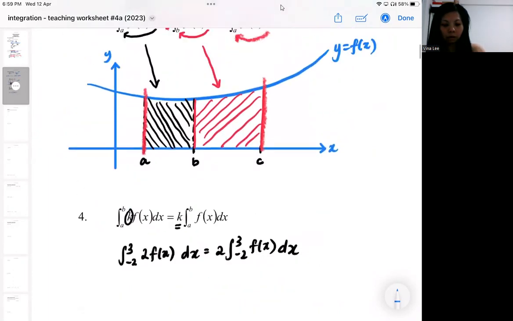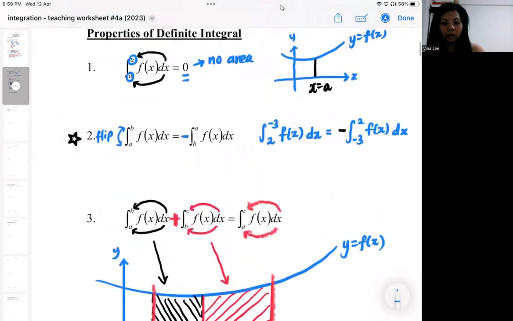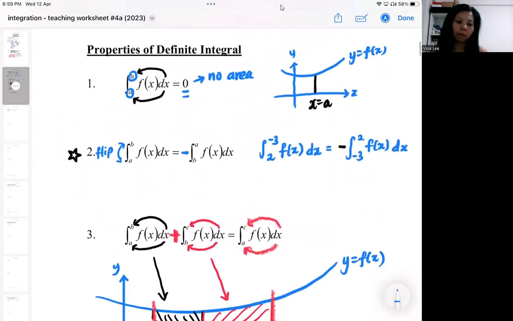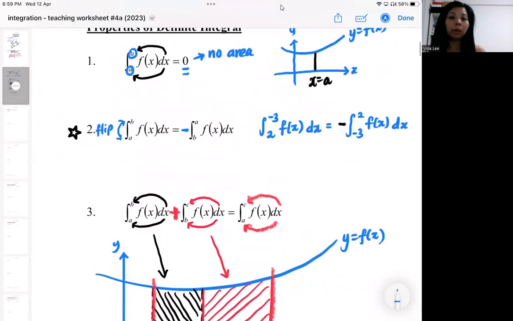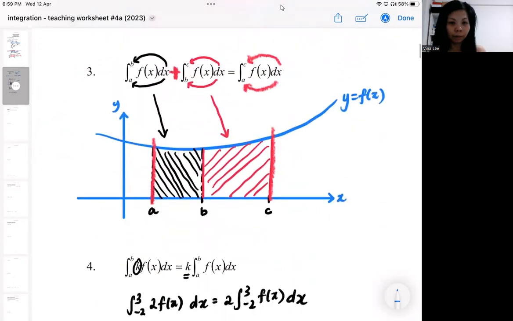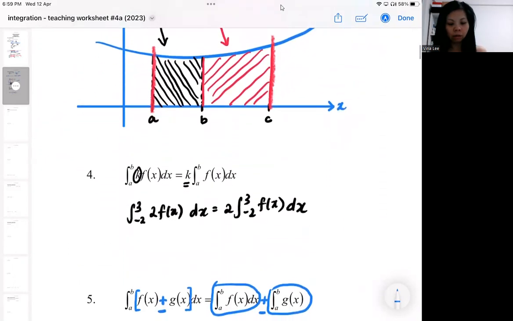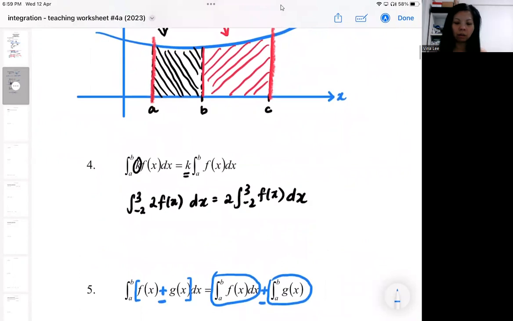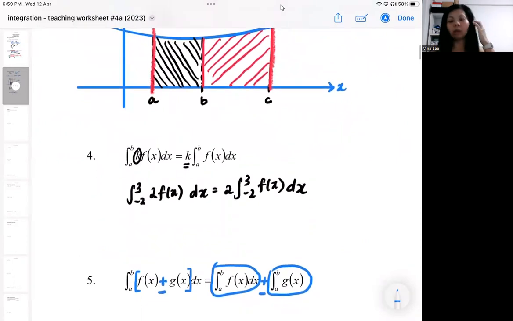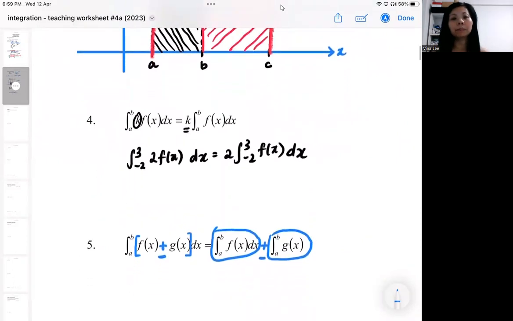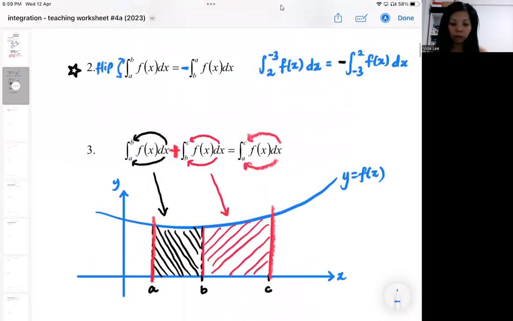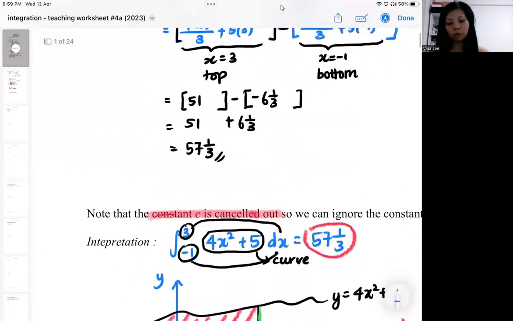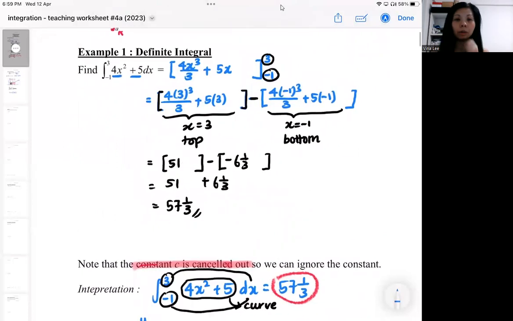Okay, so these are the main properties. But the more common one will be number 2 because you need to flip the numbers. Okay, and pulling out a constant in between definite integrals is also quite common. Okay, so from here later on I will show you more examples.